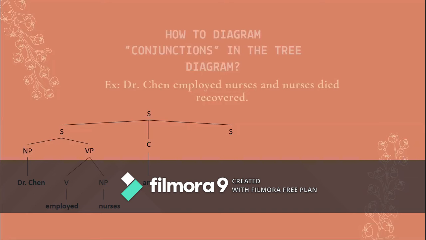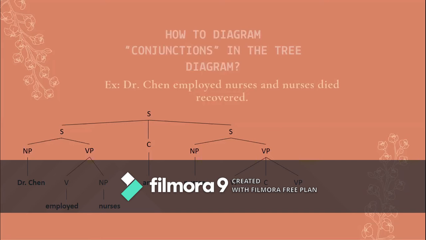Now we have the second sentence, which has a noun phrase and a verb phrase. The noun phrase here is nurses, which is a noun. And in the verb phrase, we have die. We have here a conjunction and a verb. Why do we have a conjunction in a verb phrase? Because it joins verbs within the verb phrase.